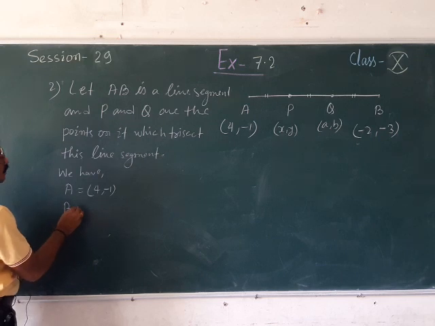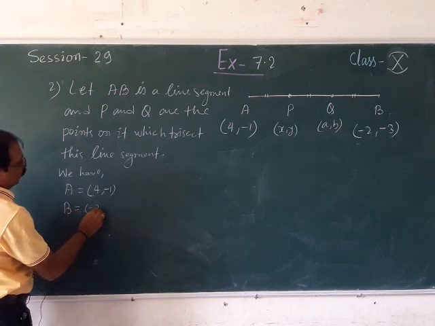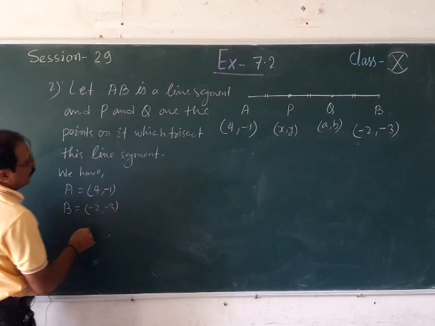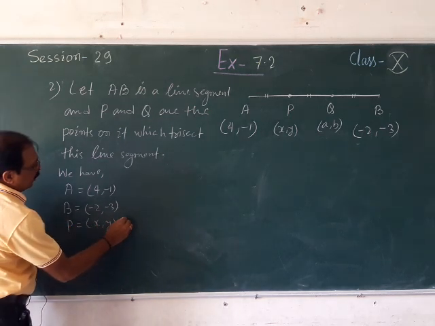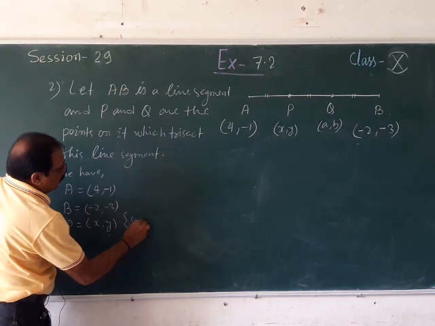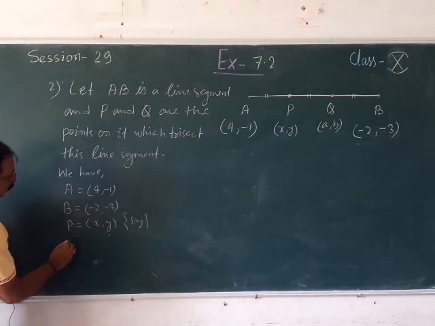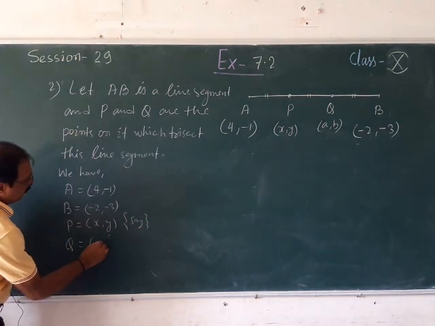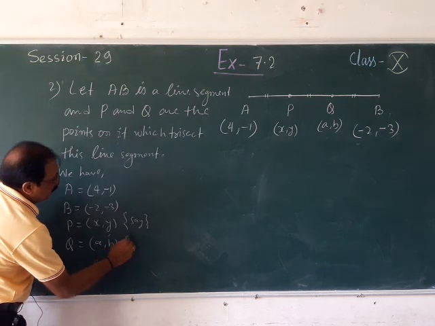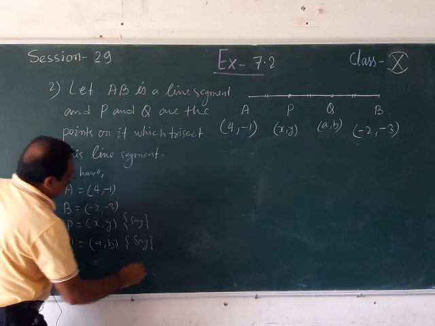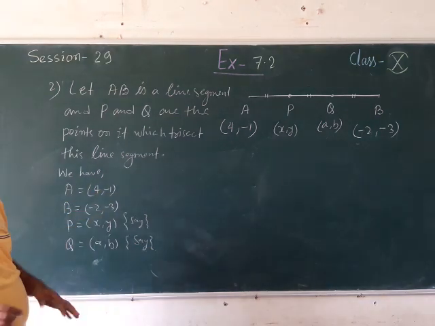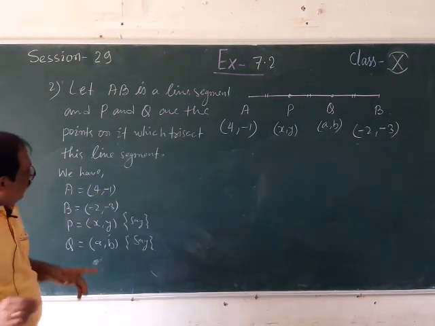The coordinate of B is given as minus 2 comma minus 3, and the coordinate of P, that is x comma y, you can write here, and the coordinate of Q that I have taken as A comma B, that also you can write, say that these two coordinates we have taken for our convenience.